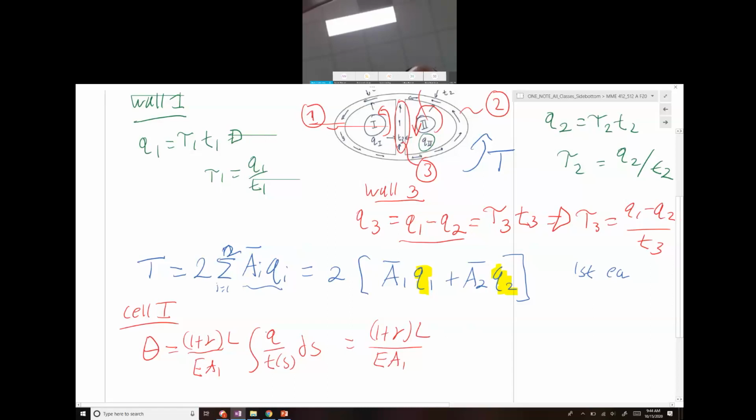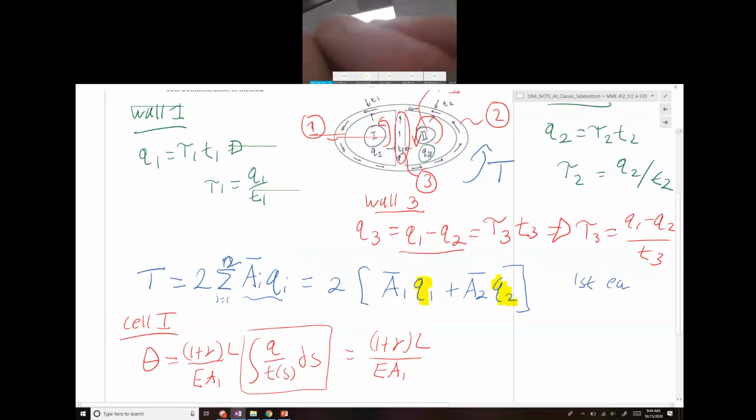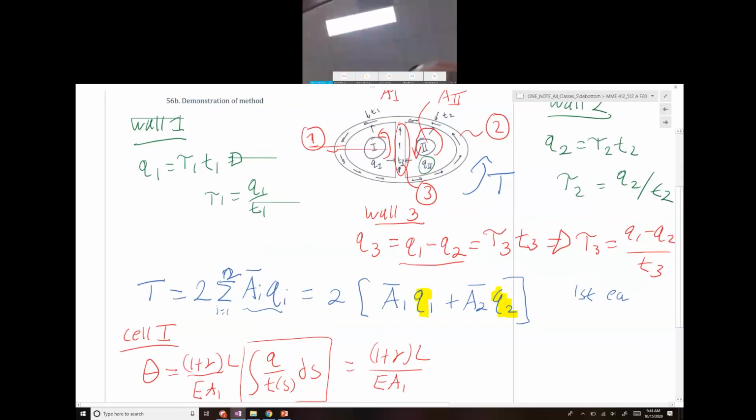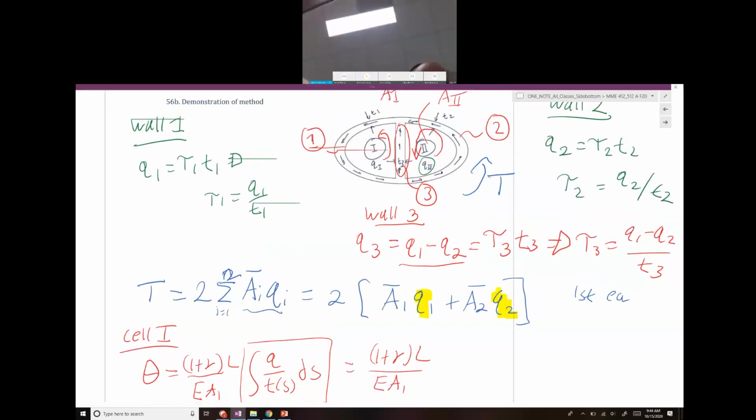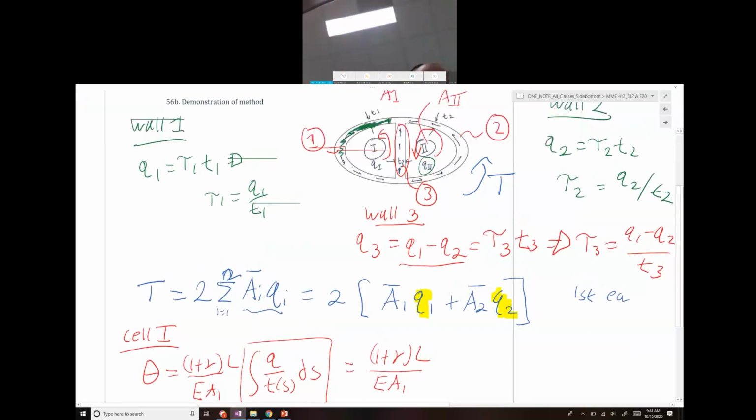And then this integral on the right hand side, we'd have to break into two parts. The first part would be on the outside section of our tube here.